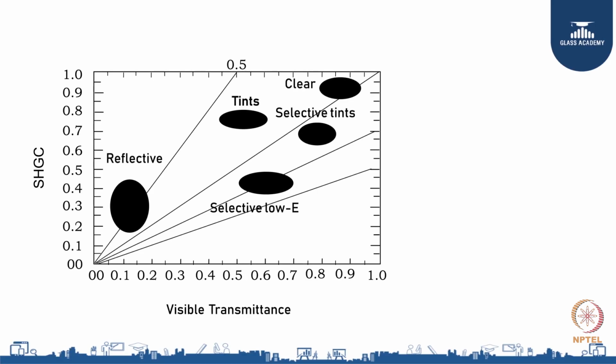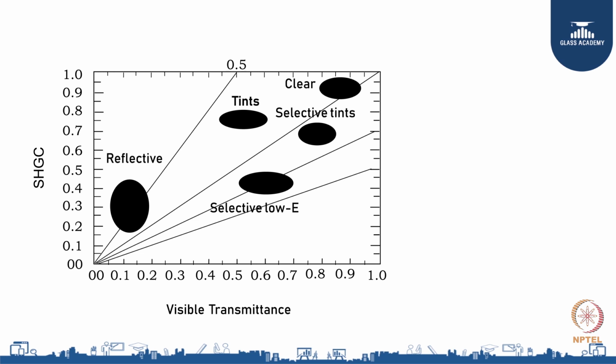What does real life glass look like? So if you see this graph which shows on the x-axis visual transmittance and on the y-axis SHGC, you will see that normal glass, which is not spectrally selective or tinted, would generally have SHGC and VLT of the similar order, and they will lie on this line.